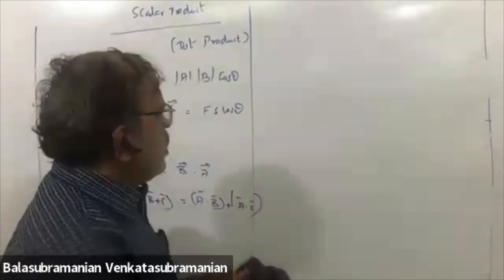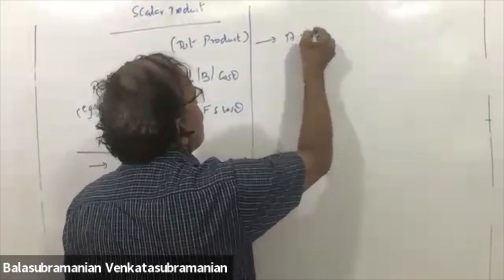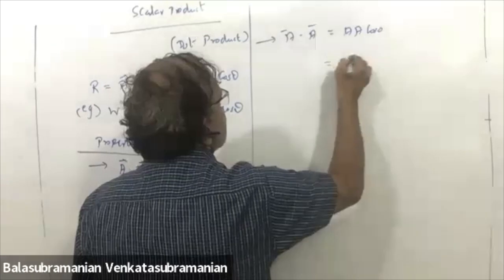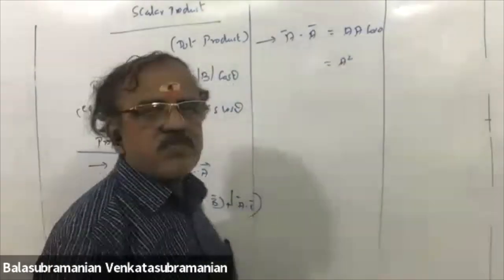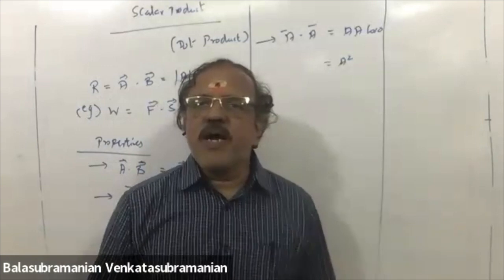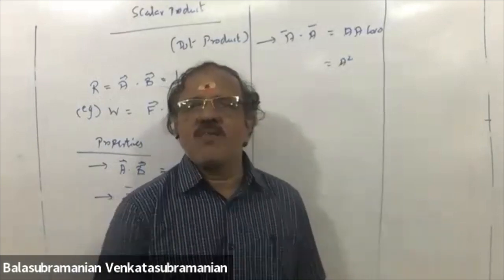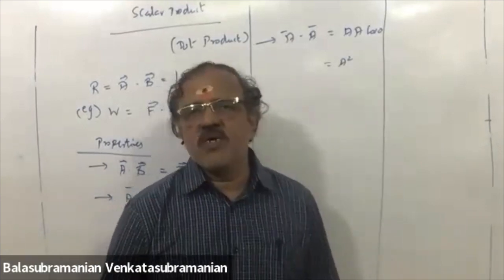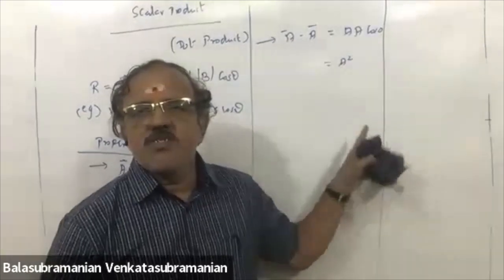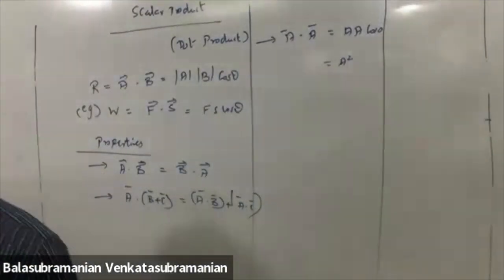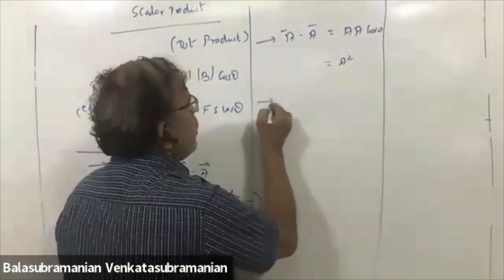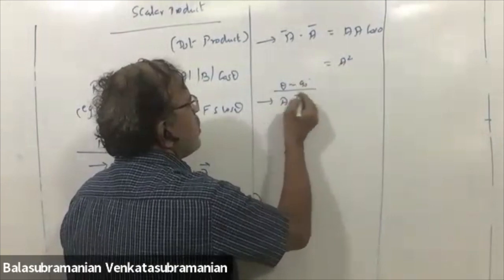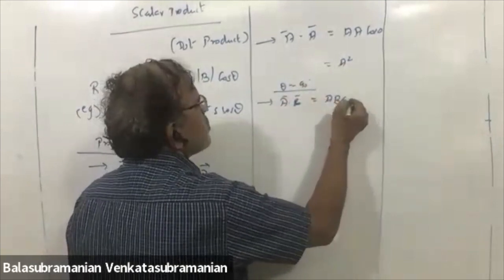Okay. A dot A, A cos 0 is 1. So I can write A square. Two vectors pointing in the same direction, equal vectors. A dot A is A square. Cos 0 is 1, theta is equal to 0. For perpendicular, theta 90, A dot B is equal to AB cos 90.